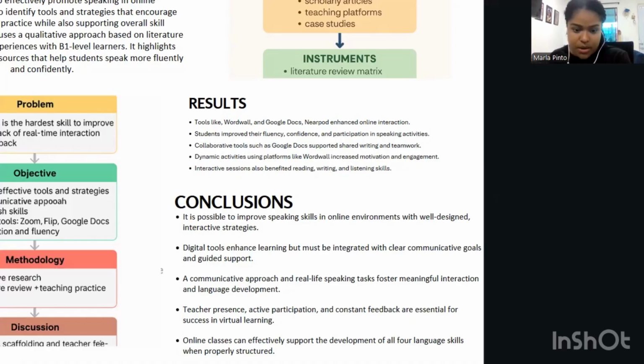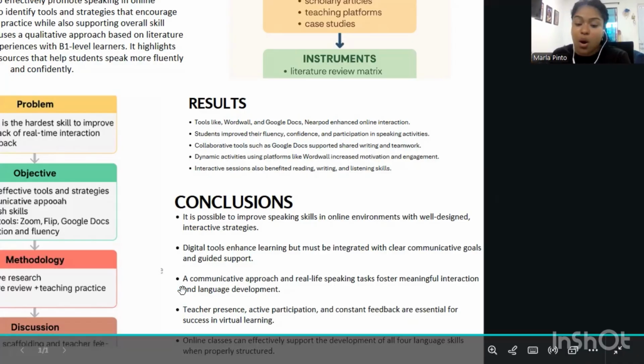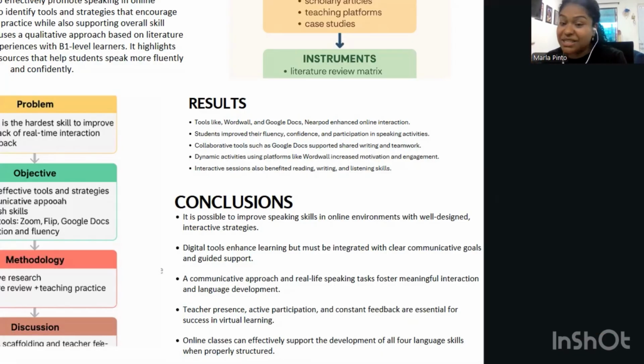Number three, in this case, the communicative approach and real-life speaking tasks foster meaningful interaction and language development. For example, in this research it was really important to adapt the topics and the teaching to real-life examples.